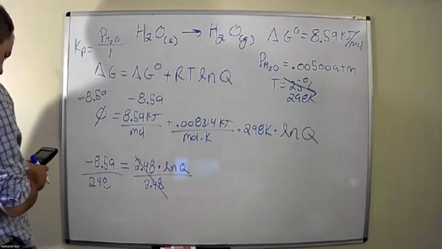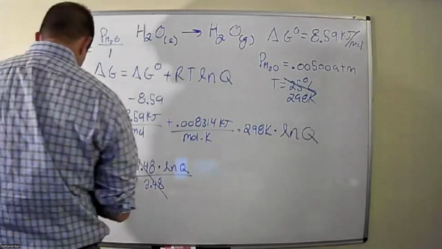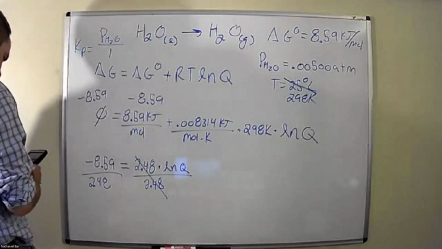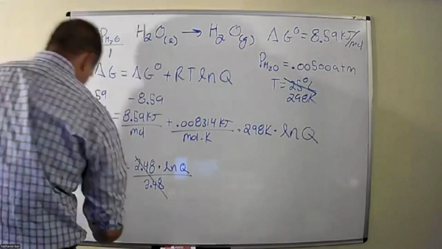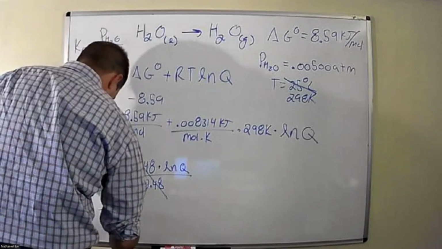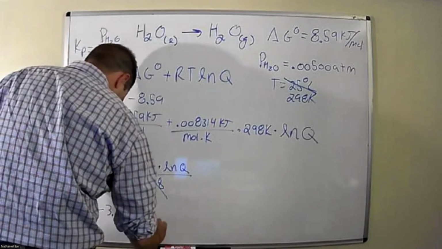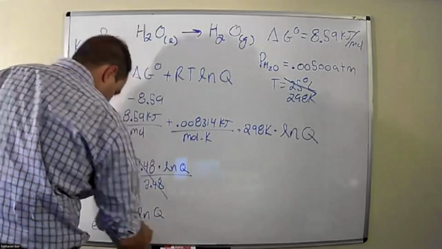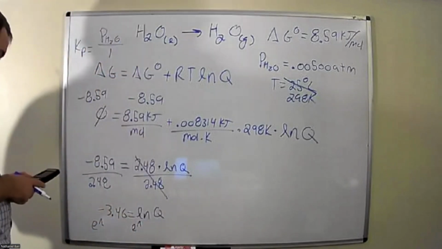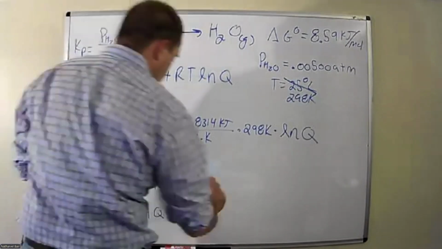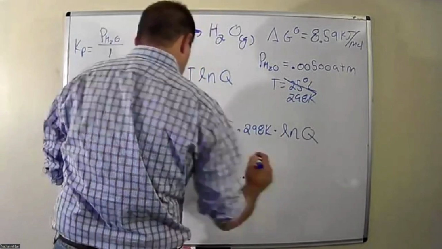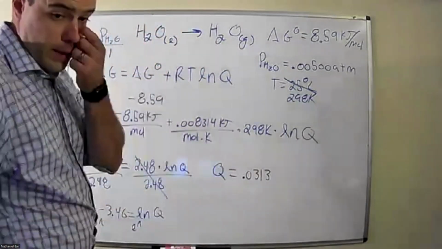Sorry if you guys can hear my dogs barking down there. That's negative 3.46 equals the natural log of Q. Then we do e to the on both sides to undo the natural log. And we find that Q equals 0.0313. So what does that mean?